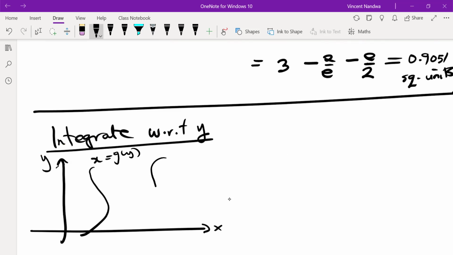Then we have another one here, say x equals f of y. And then let this be d, and let this be c, and we have this shaded part.